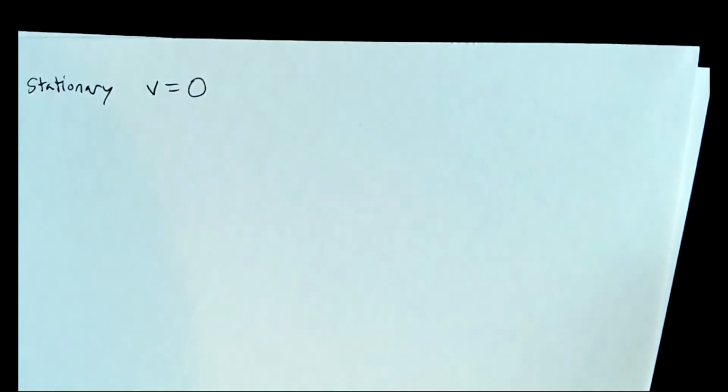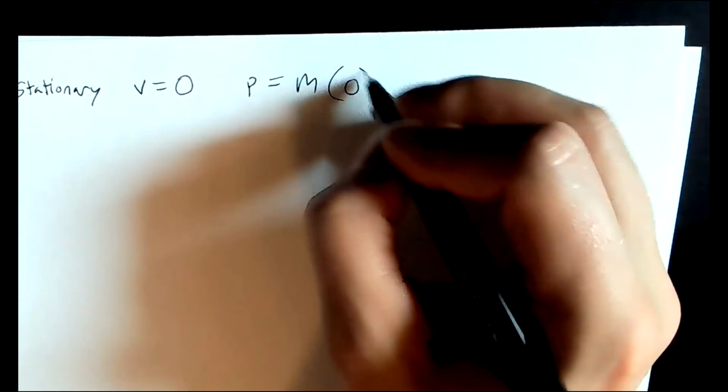Okay, almost done, folks. We're given another statement question. Which statement best compares the momentum of a stationary truck and a car in motion? Well, stationary means velocity is 0. So if V is 0, P equals a mass times 0.